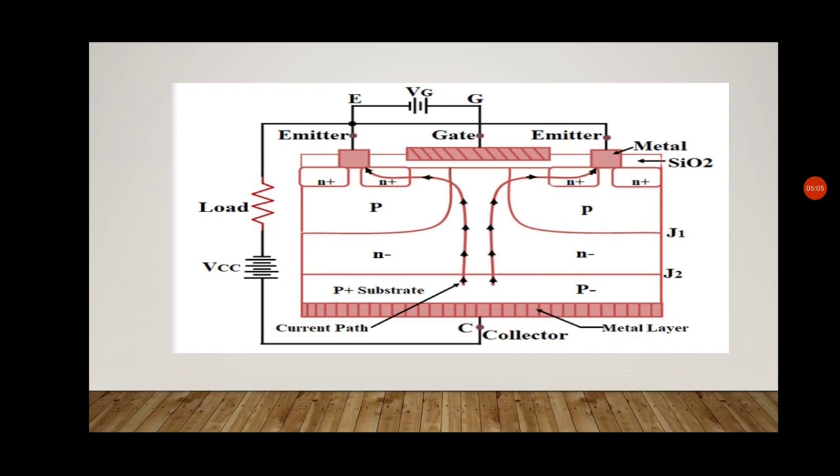Now, to understand the working of the IGBT, consider a voltage source VG or VGE connected positively to the gate terminal with respect to the emitter.